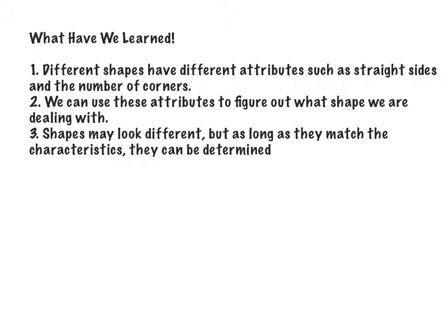For example, a square can look like this, but it can also look like either of these. Since all of these shapes have 4 equal sides and 4 square corners, they would fall into the category of square.